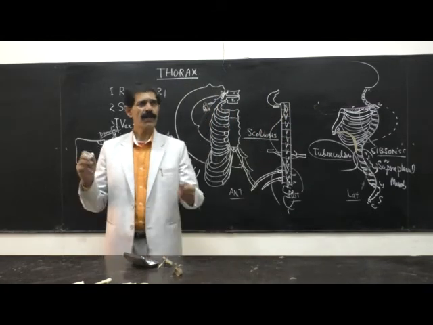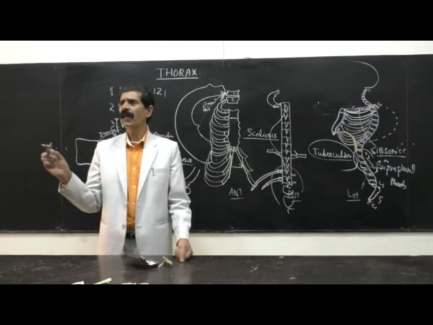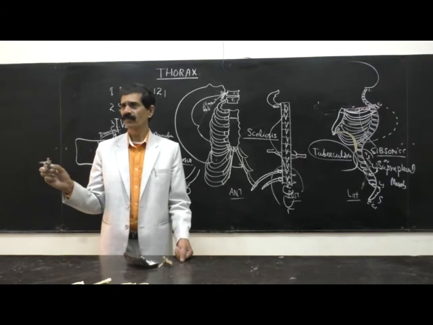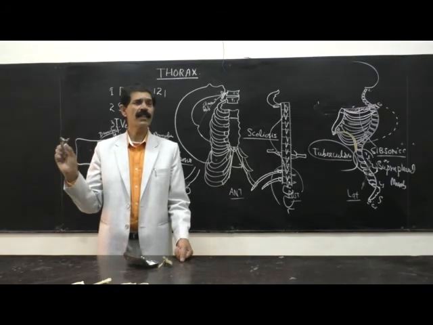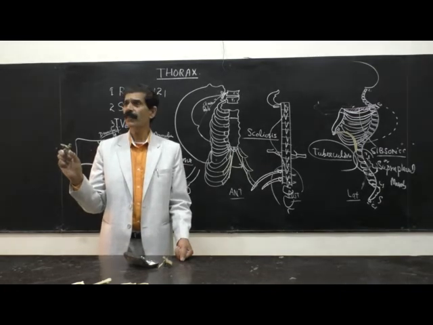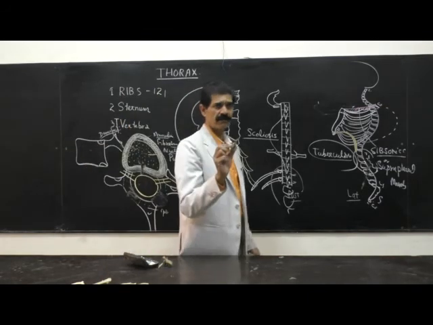And microfractures in the body of the vertebra invite the aerobic tubercular bacilli, because it is rich in erythropoiesis. The RBCs are made here, and RBCs are full of oxygen.